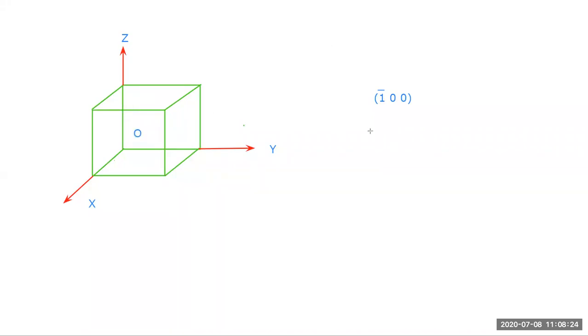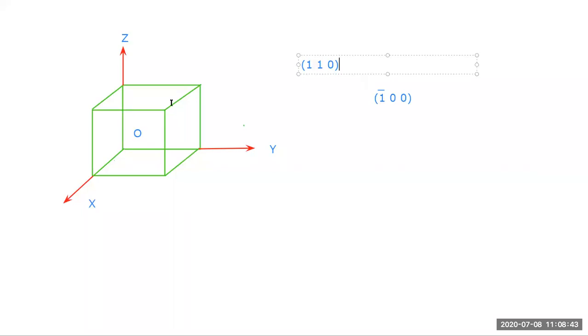So how to draw the plane 1 1 0? Origin is here, x direction is there, y direction and z direction.